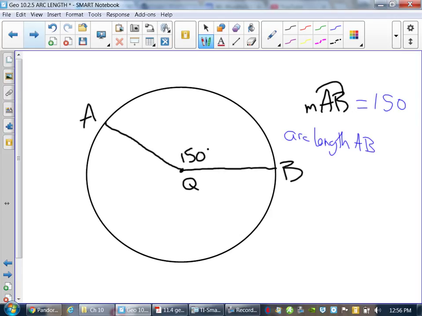When I go to work with the arc length, what do I need to know? What am I missing? Radius. All right, give me a number. 4. There's your radius.